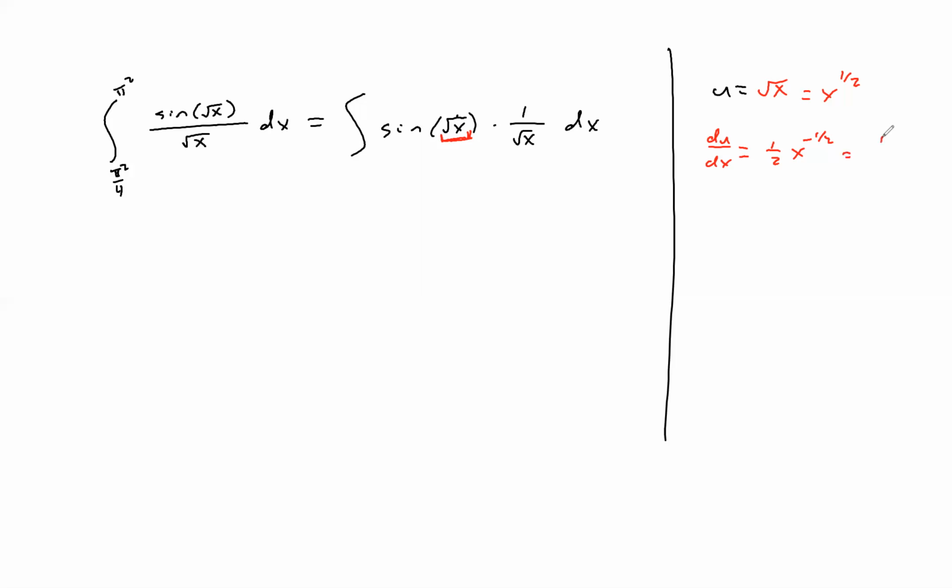This is 1 over 2x to the positive 1/2. And so I have, again, my usual thing, I want to move the dx over to the other side. So I've got du equals 1 over 2 x to the 1/2, which is square root of x, dx.